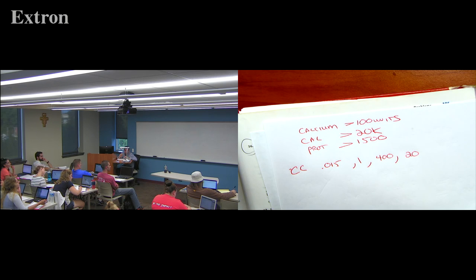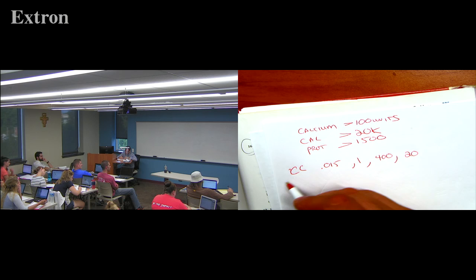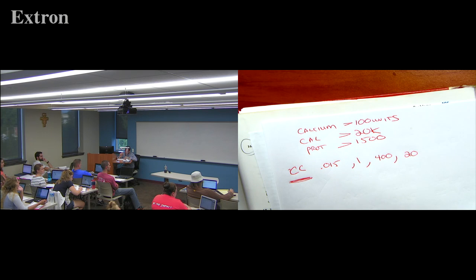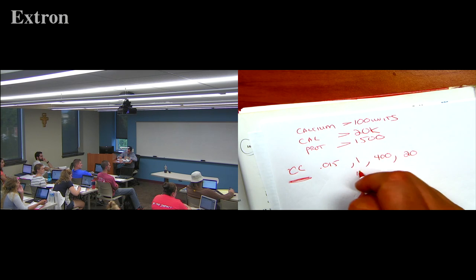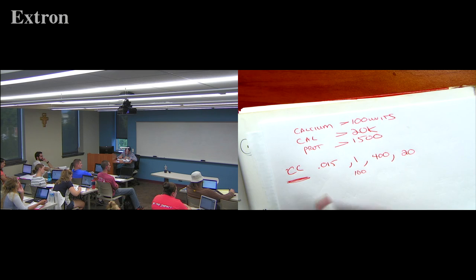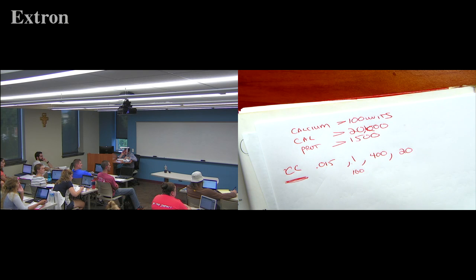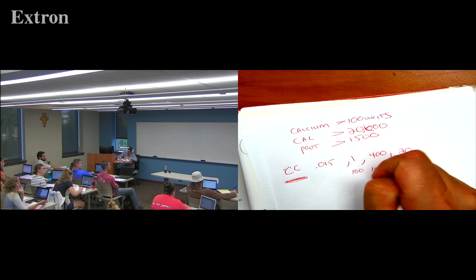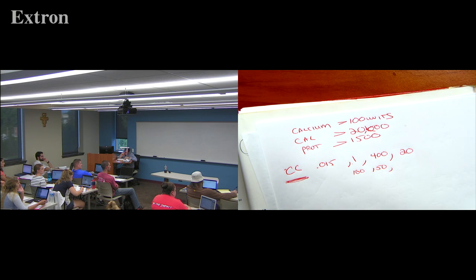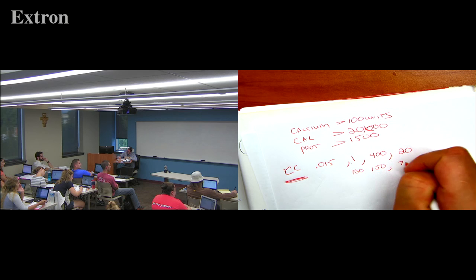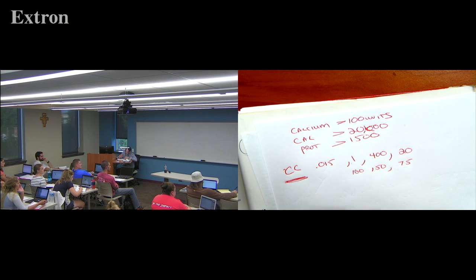So if I'm just feeding them flat cow chow, to get the calcium I need at least 100 ounces, because there's 1 unit, I need 100 units. To get the calories, which is 20,000, we need at least 50, right? And to get the protein, we would need at least 75. So to get all three, we need at least 100.